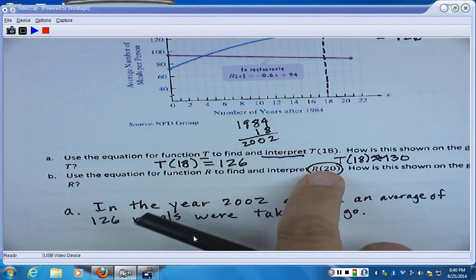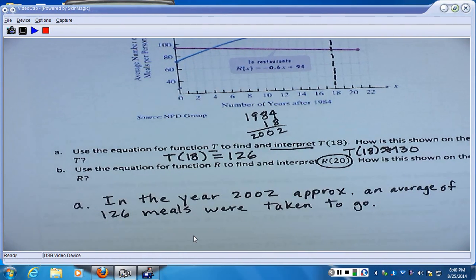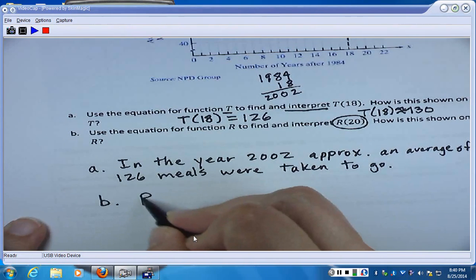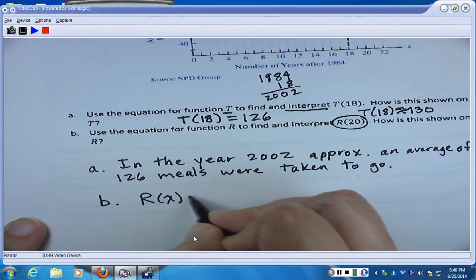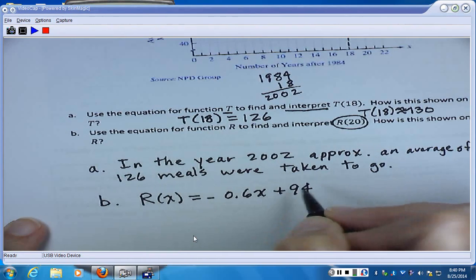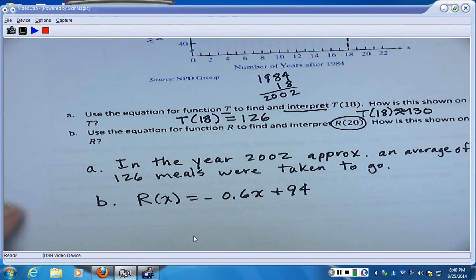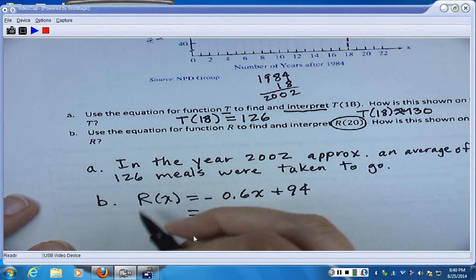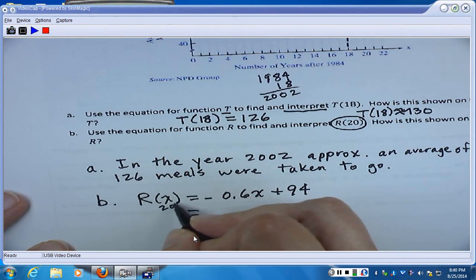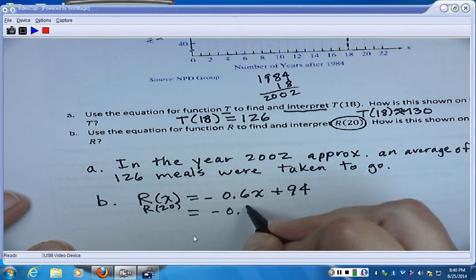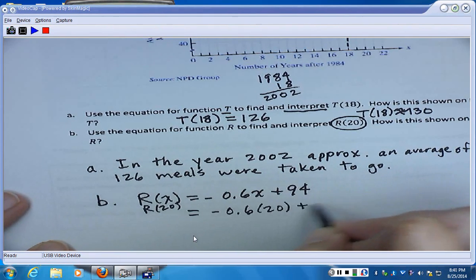And so r of 20, here's the equation for r. r of x is negative 0.6x plus 94. That's the number of meals that they ate in a restaurant. We're going to put in 20 for x. Negative 0.6 times 20 plus 94.